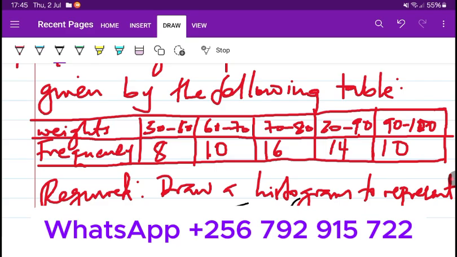The reason why we get class boundaries is for us to be able to remove that gap that exists between two classes, because you are seeing this is 50 to 60, then 60 to 70, meaning the 50 to 60, that 60 is not included in that class, it is in the next class.